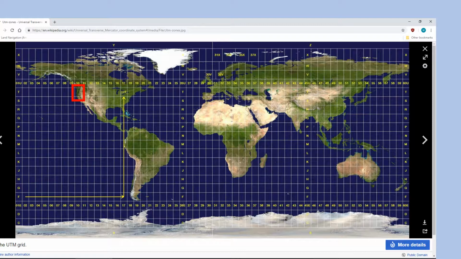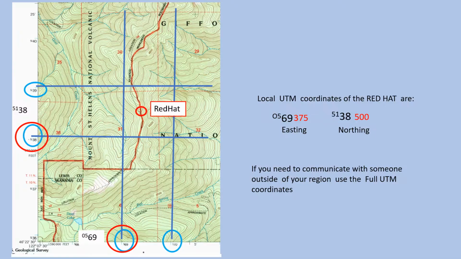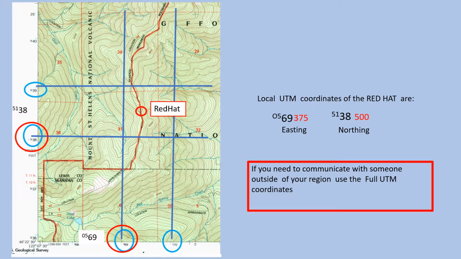UTM is a worldwide system. Adding a grid zone designation completes the UTM coordinates. If you need to communicate with someone outside your region, use the full UTM coordinates.